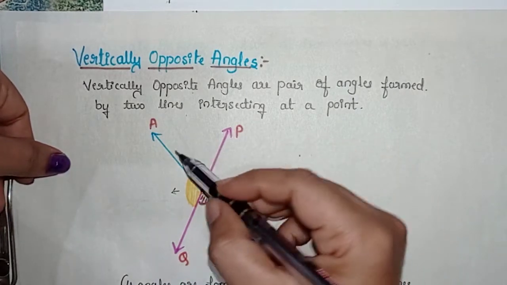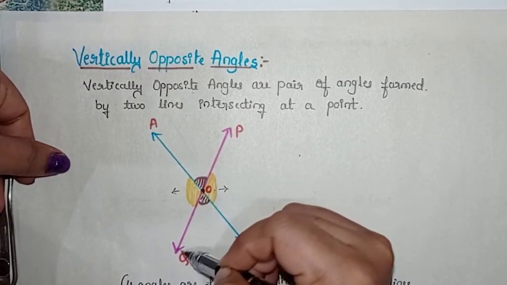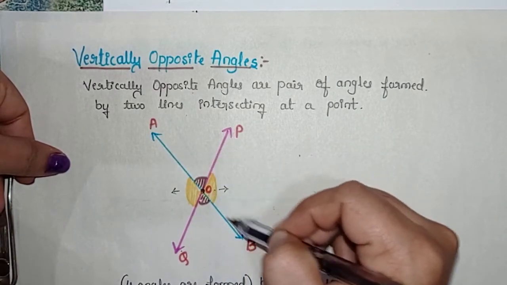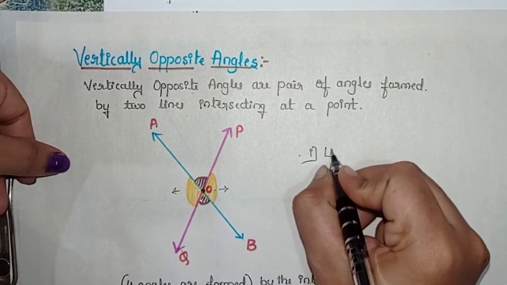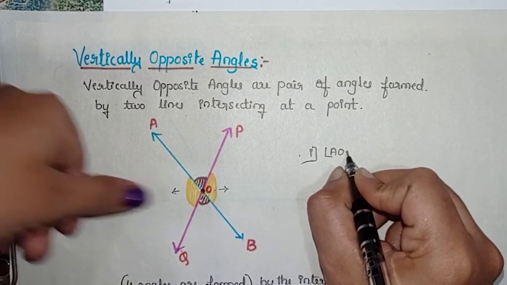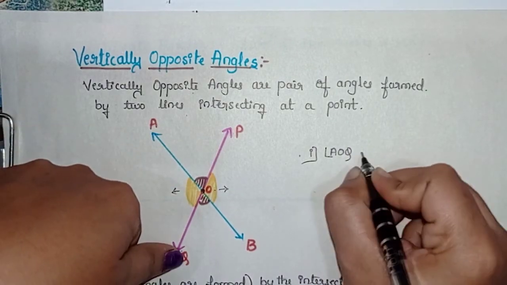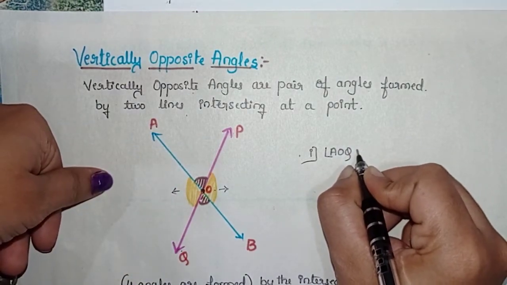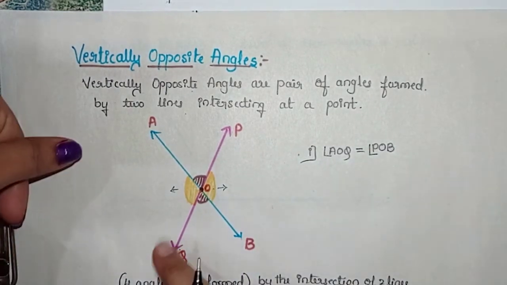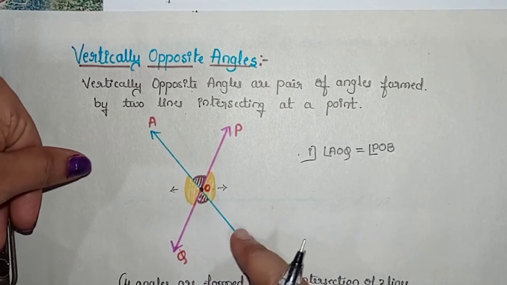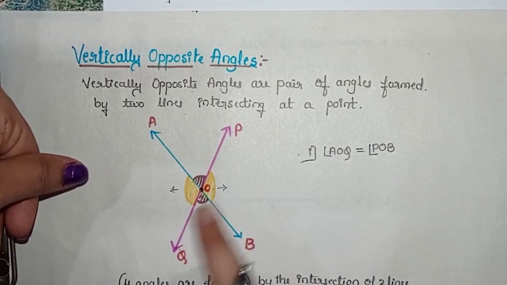Here you can see angle AOQ and POB. One pair of vertically opposite angles is angle AOQ, which is vertically opposite and also equal to POB. Vertical angles are opposite to each other and they are equal to each other.